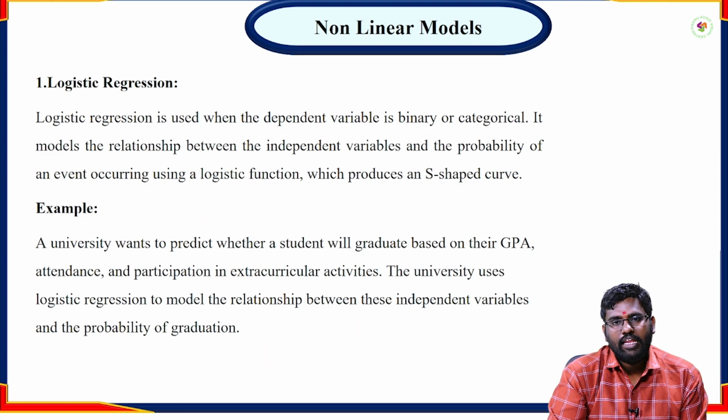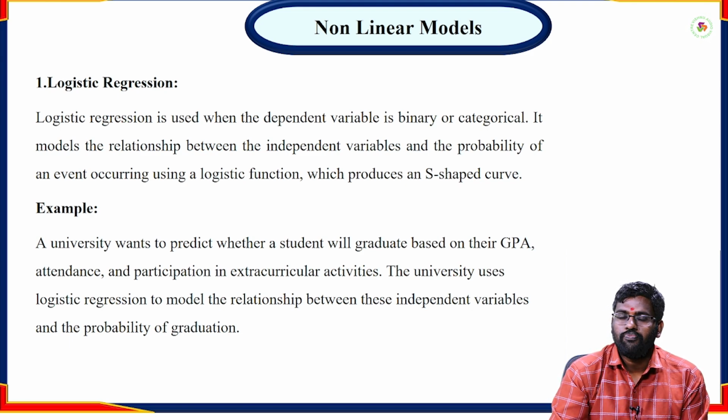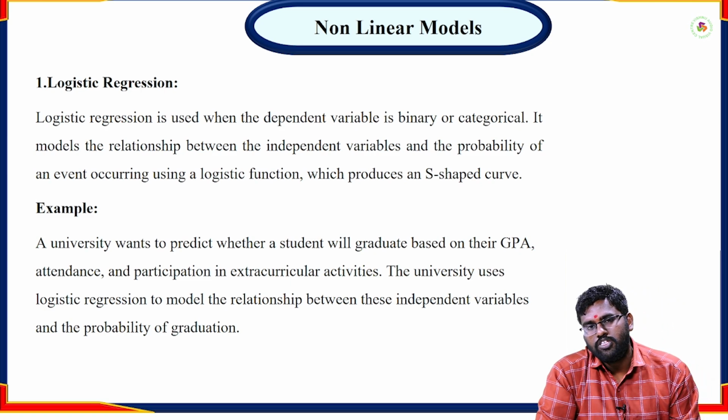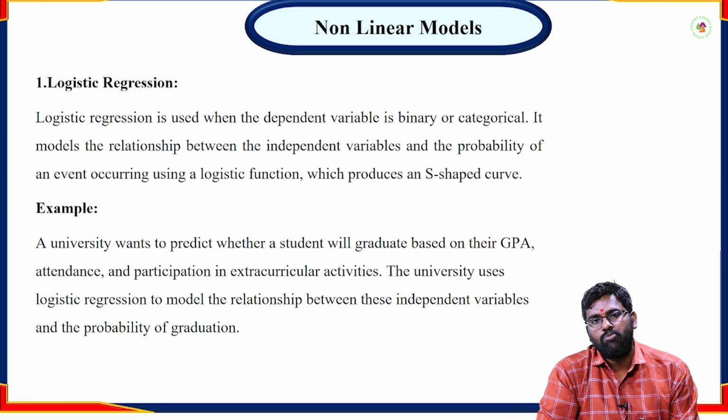Next one, non-linear models. Actually logistic regression belongs to the linear model as well as the non-linear model. Why do we say it belongs to both? In logistic regression, the curves are shown like straight lines or in different formats. See the difference: previously I gave the linear model.